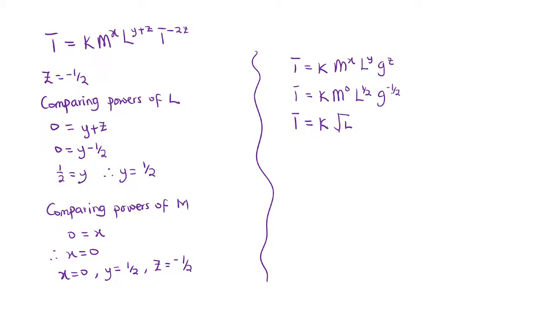And then g raised to the power negative half is the root of 1 over g. Are we okay? Now this can be rewritten as k. Then because the root is here, we can rewrite everything as l over g. Okay, root l multiplied by root 1 over g will give us this over here.